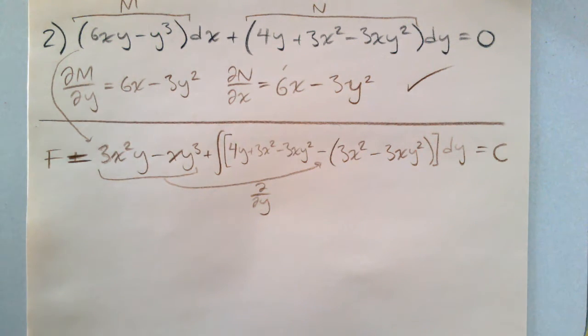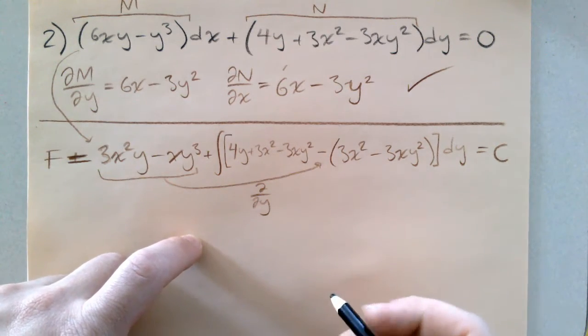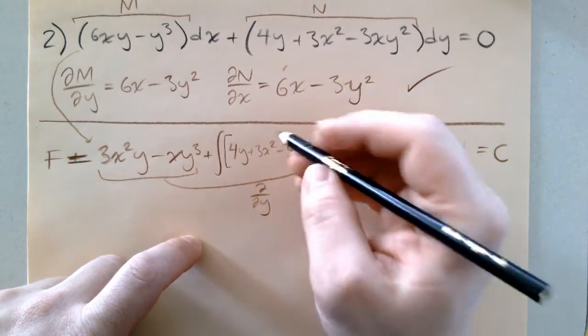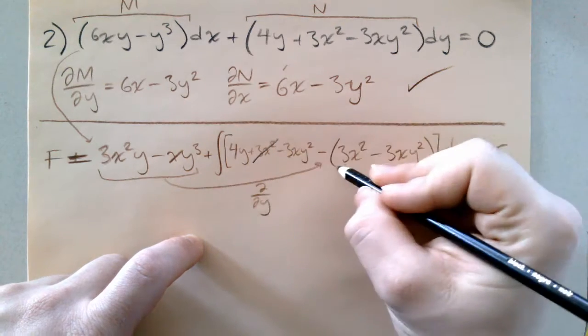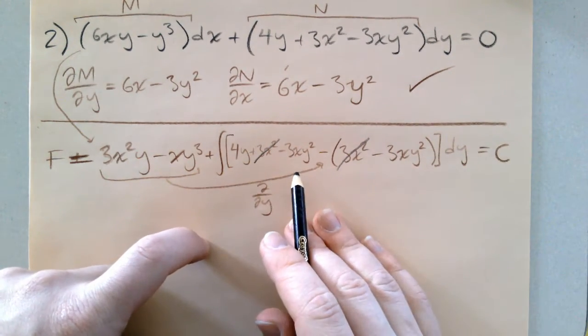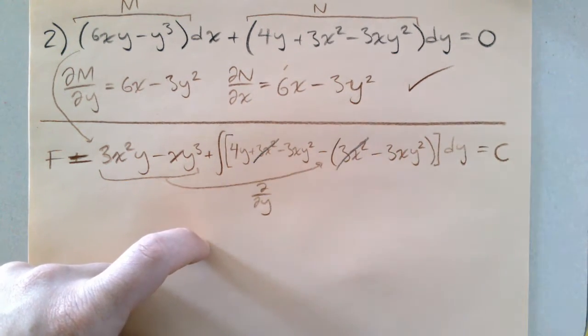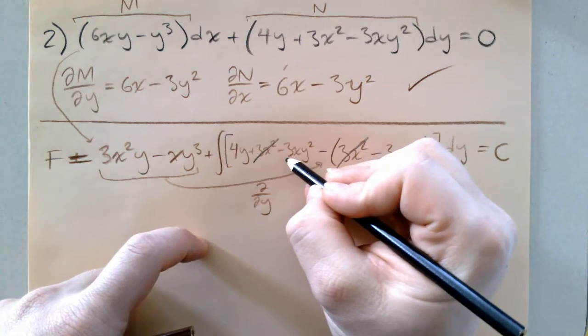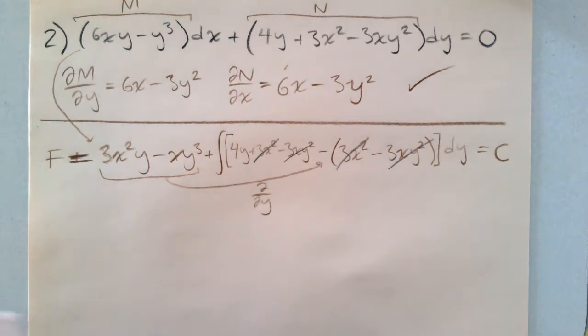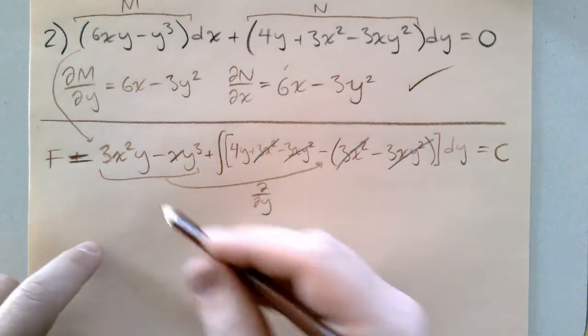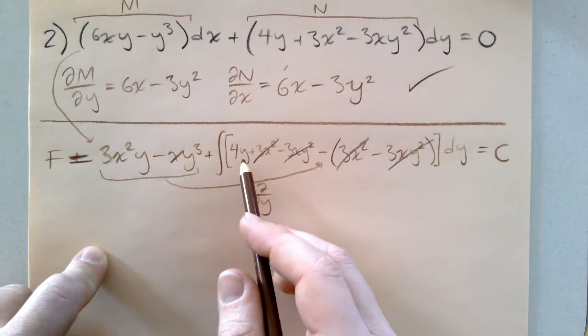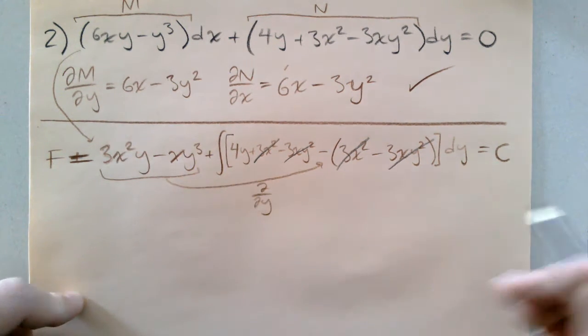So once again, we have some simplifications we can do. So in this integral, we have a 3x squared, and we also have a minus 3x squared. We also have a minus 3xy squared and a plus 3xy squared. So both of those terms will drop out nicely. So what we're left with is just these terms at the front, and then the integral of 4y with respect to y.